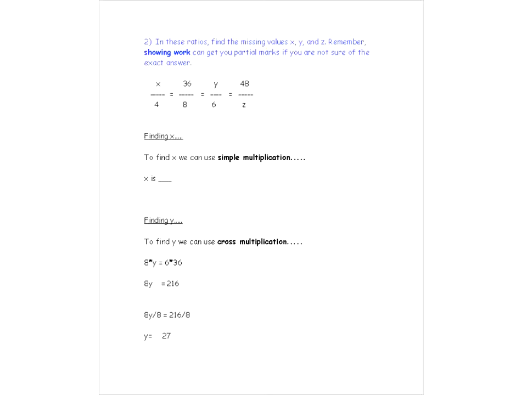Okay, so in this next question here, it says in these ratios, find the missing values of x, y, and z. And it says here that you would need to show work. To find missing x, what we always want to do when we're trying to find a missing number is find one fraction that has both numbers on top and bottom.